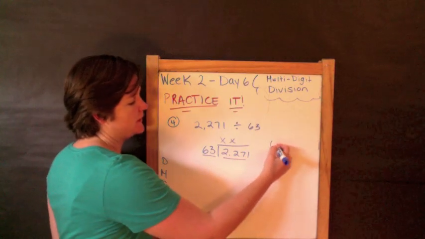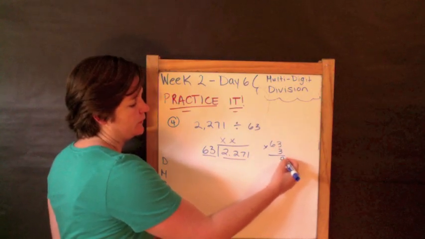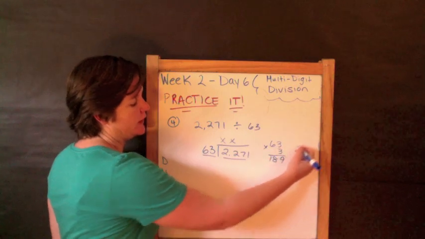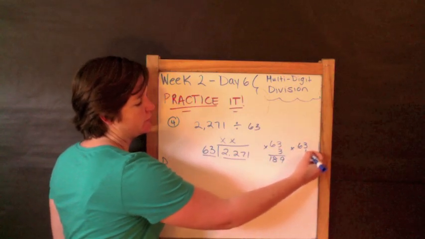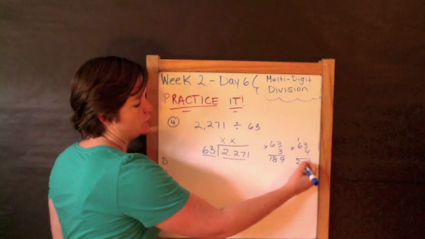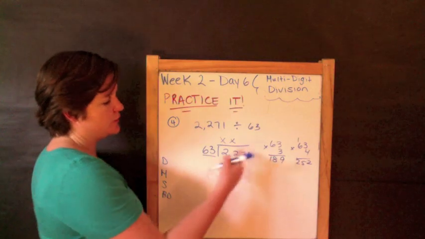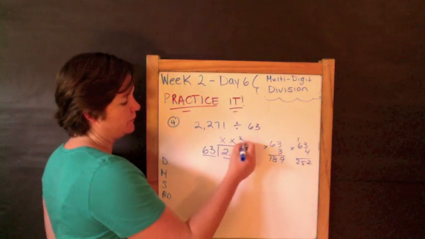So I'm going to see 63 times 3 gets 189. 63 times 4 gets 250. So that would be too great of a number. So we're going to go ahead and do 3.